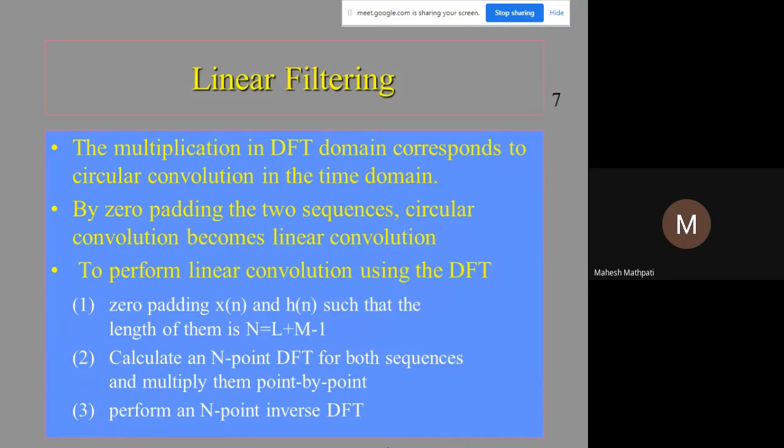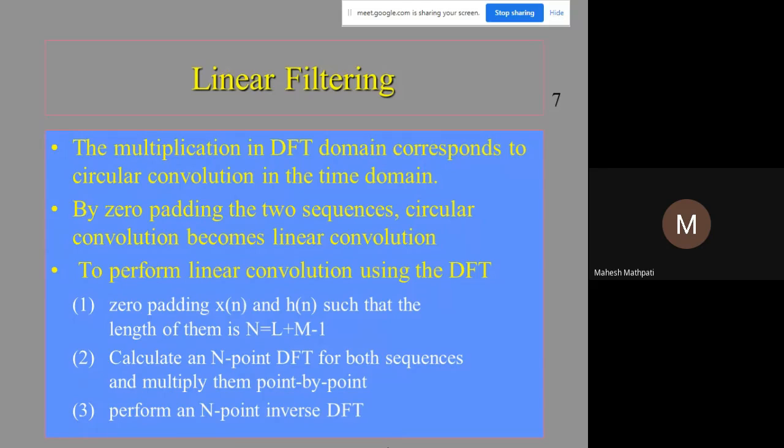Next point: to perform linear convolution using the DFT, first, zero pad x of n and h of n such that the length of them is N equals L plus M minus 1.